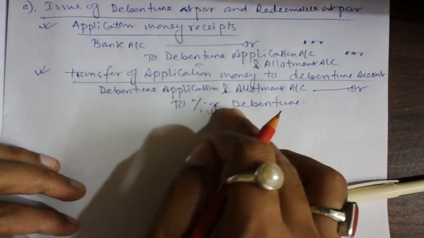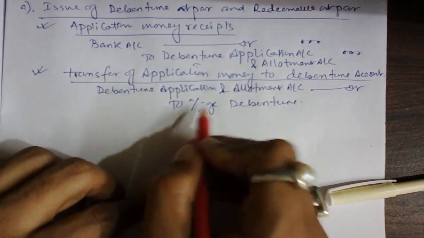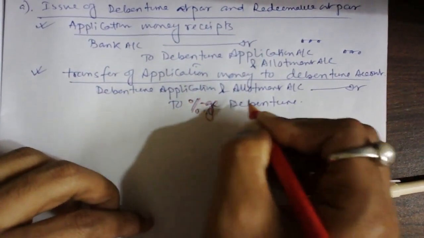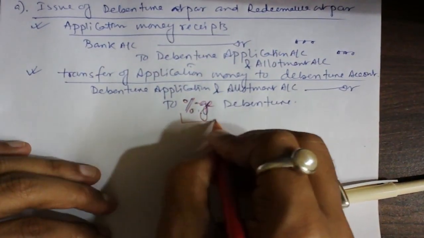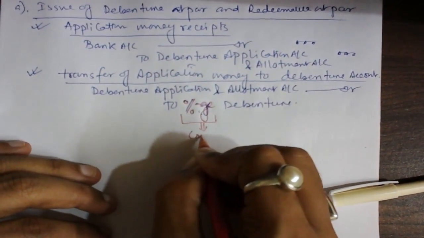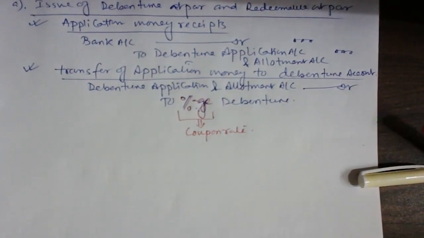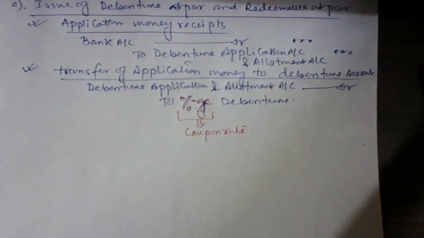So before debenture we have written percentage of debenture. This is nothing but the coupon rate. That's all. Completed. Okay, that is the first thing.